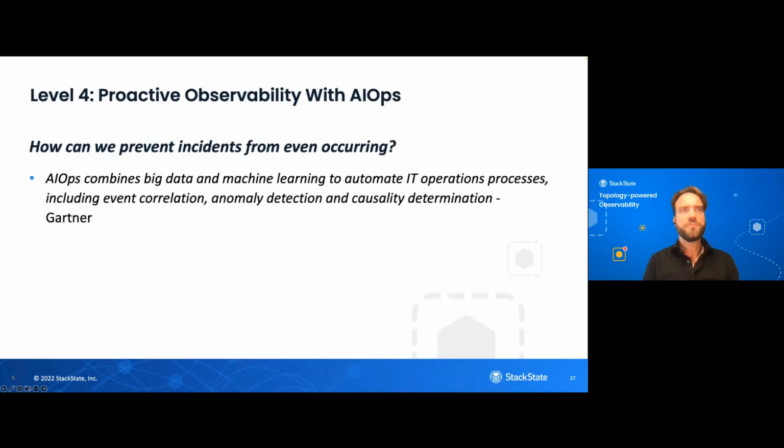And AIOps is really about machine learning and combining that with big data in order to automate IT operations processes. And it says here, this is a quote from Gartner. It's about anomaly detection, and also interestingly, they put causality determination in there. So that's quite interesting that Gartner would say that indeed.